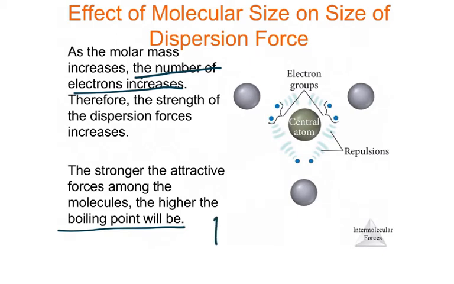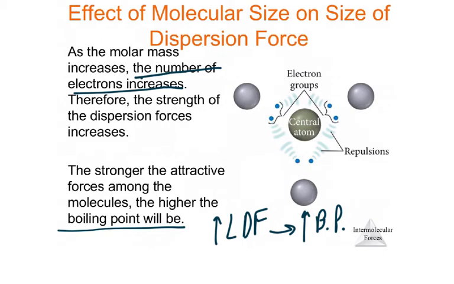So the greater the London dispersion force, you'll see the effect it has on boiling point. Substances will have a greater boiling point. You see, in order to boil something, you're going from a liquid to a gas. When you boil something, you are not breaking any intramolecular forces. What you need to do is separate the molecules.